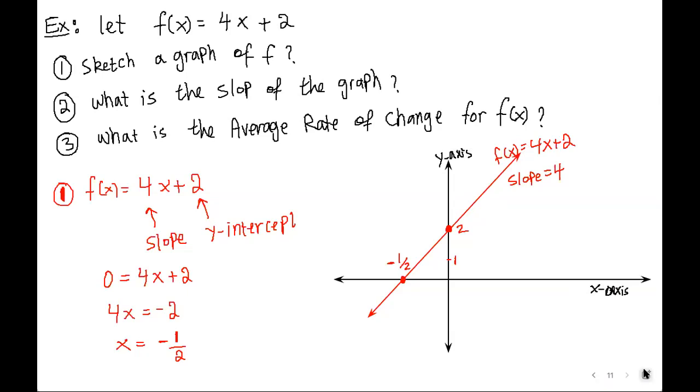Okay, for the second part, what is the slope of the graph? We already talked about the slope. The slope is a, which is 4.